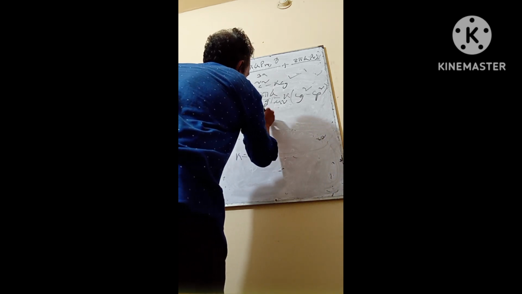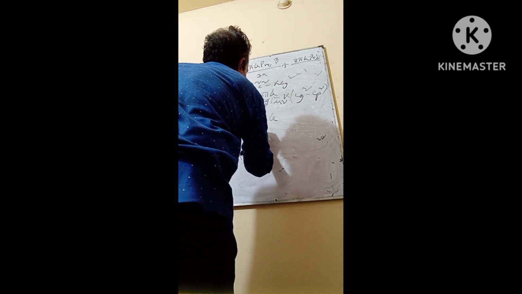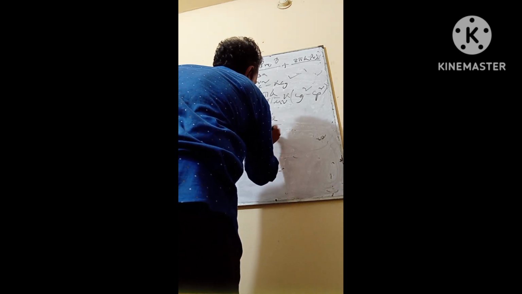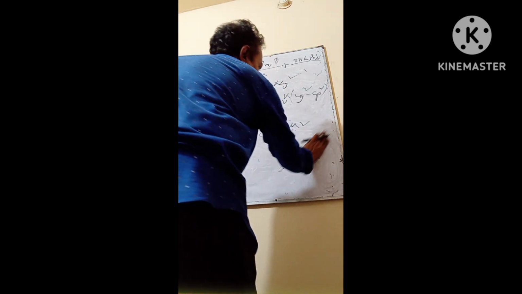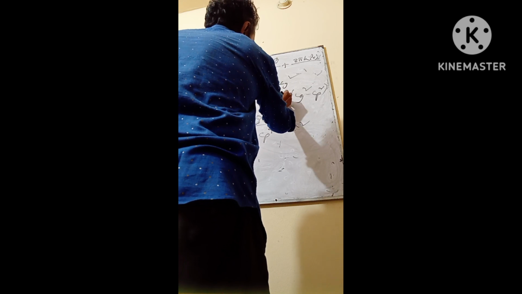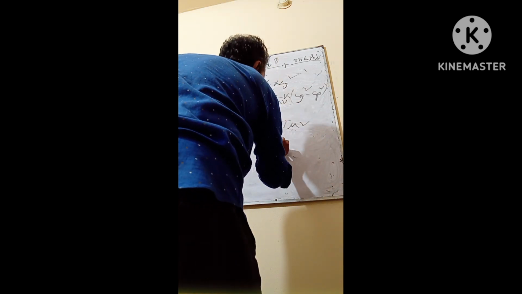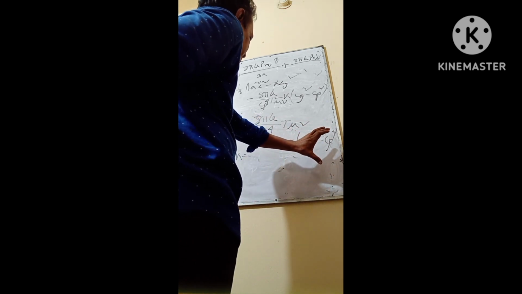8 pi G Cp, minus K is equal to this, minus K plus 1, Cg square minus Cp square. So this is the general relativity system.